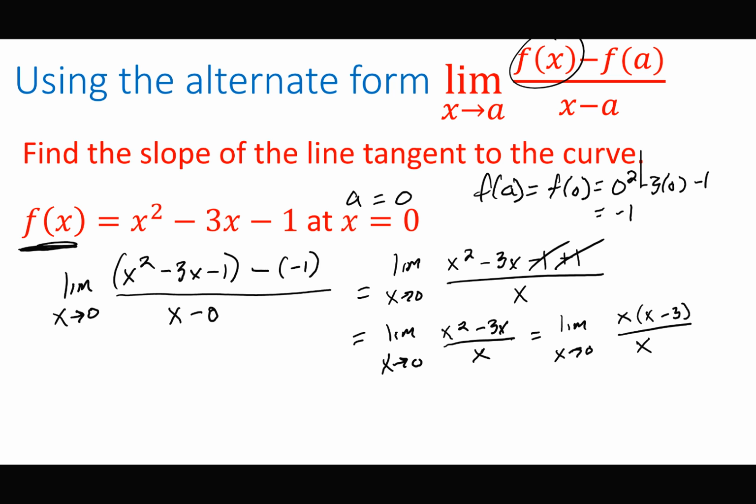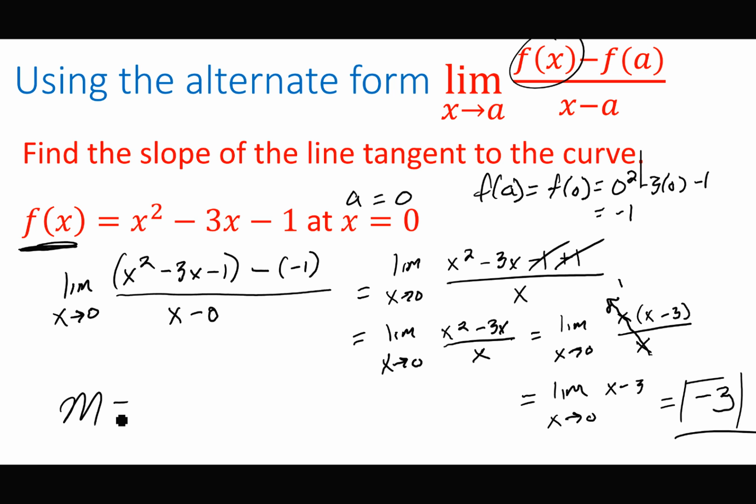That does help me out because this now goes to 1. My limit as x approaches 0 of x minus 3 is going to be -3. So final answer, find the slope of the line tangent to the curve.